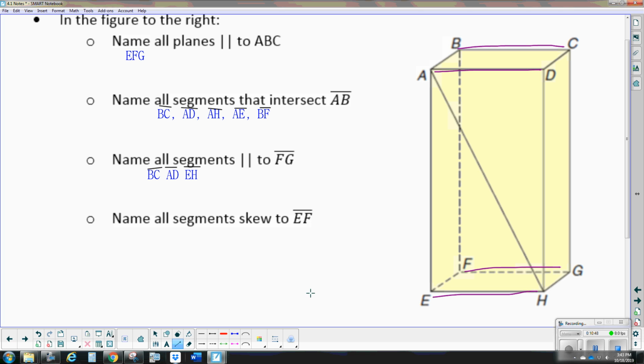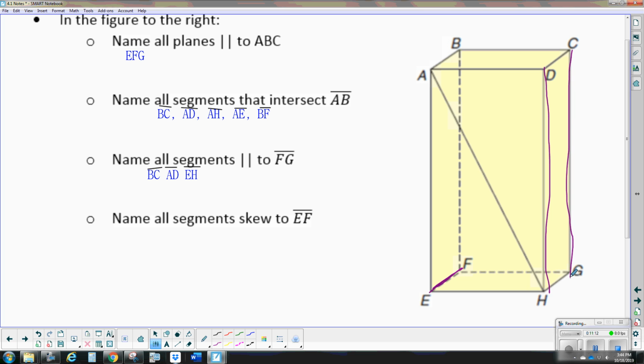And then the last one, it says name all segments that are skew to EF. So let's look at EF. Skew lines are lines that are not going to intersect, but that are also not on the same plane. So DH and GH would both be skew. They don't share a plane with EF, and they're also not parallel, and they never intersect.